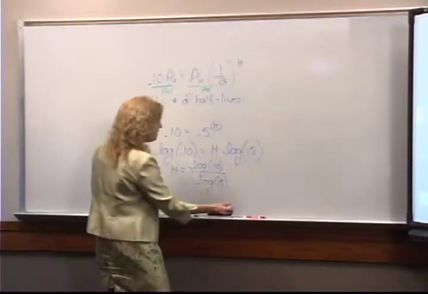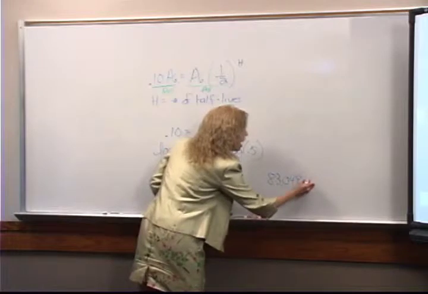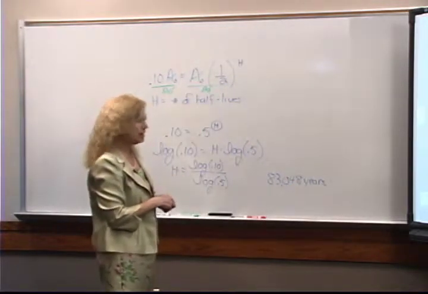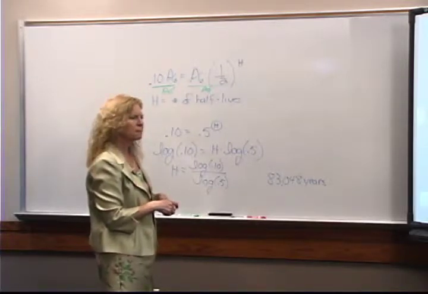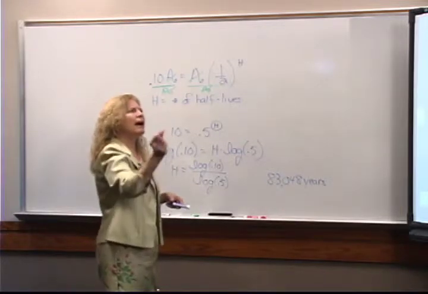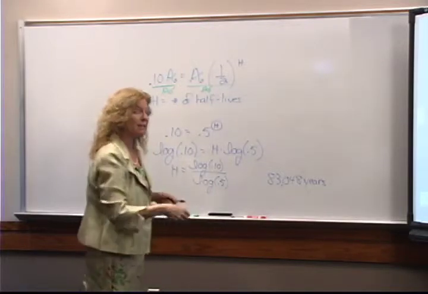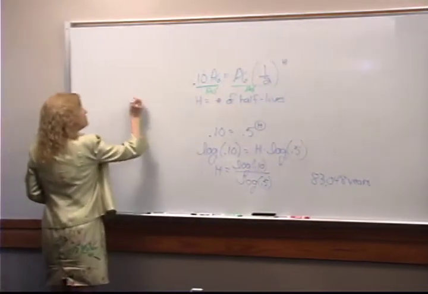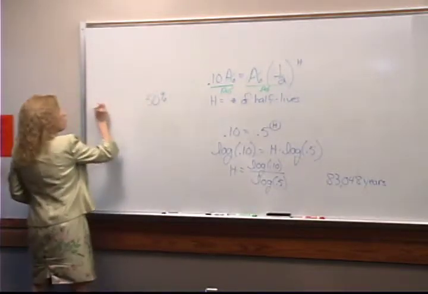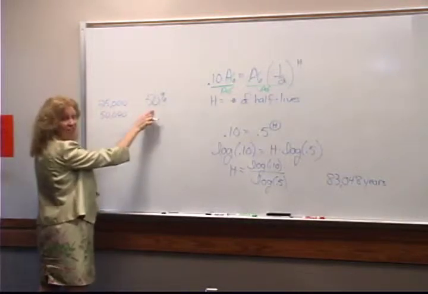Now, since I don't have a calculator here to run all those numbers, I would like for you to consider, does that make sense, 83,000 years? Well, let's think about what a half-life means. After 25,000 years, how much is still radioactive? Wouldn't that be 50%? Then after 50,000, we have half of that.